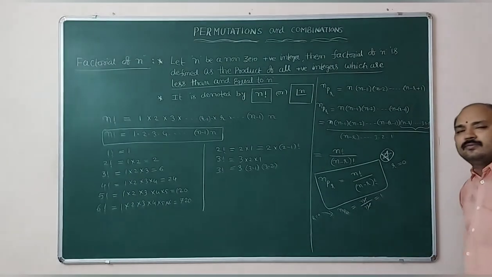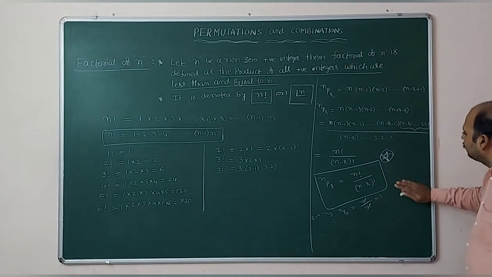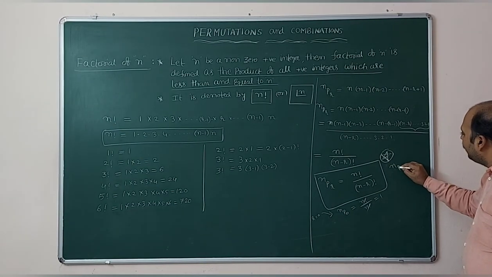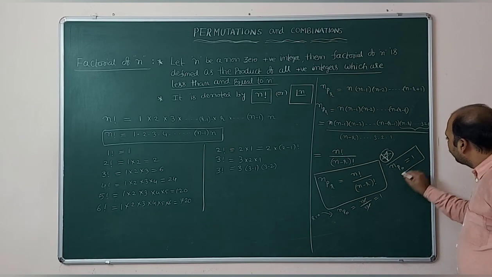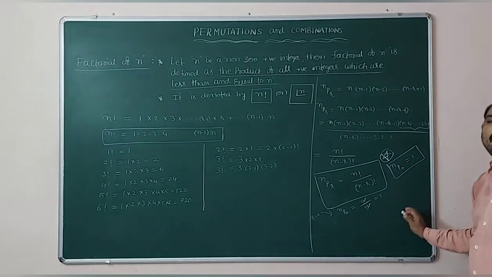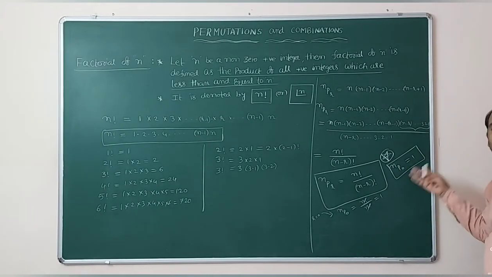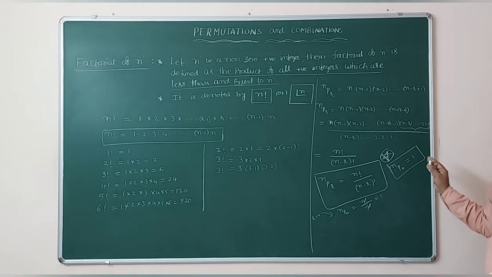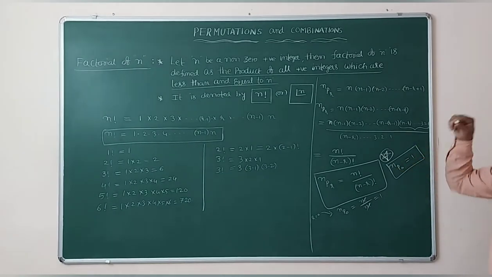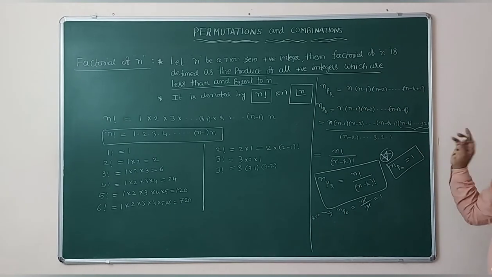Both will be cancelled. So nP0 is equal to 1. In place of n, whatever positive value you keep, the value is also 1. So either 5P0, 6P0, 2P0, 1P0, all are 1. In place of n, you can put any positive integer, and that value is equal to 1.